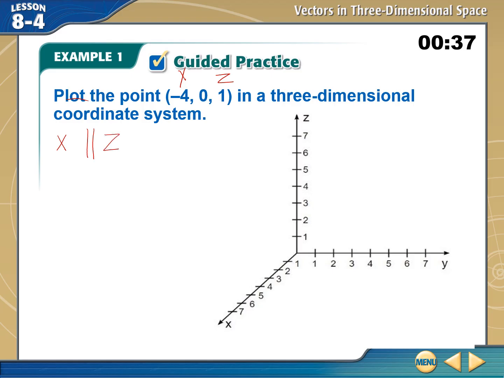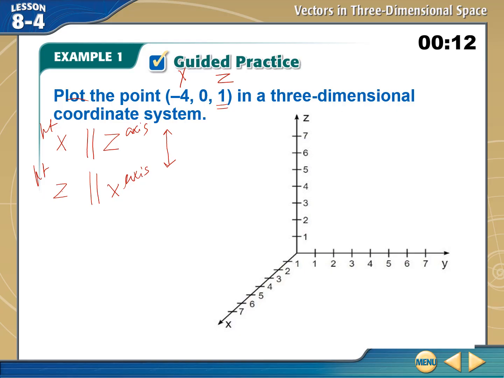And how does the z line look? It's a vertical line. And then you will plot the z coordinate, and on that point you will make it parallel to the x-axis. So these are the lines which have to be parallel to the z-axis or x-axis. And their point of intersection will be our answer.